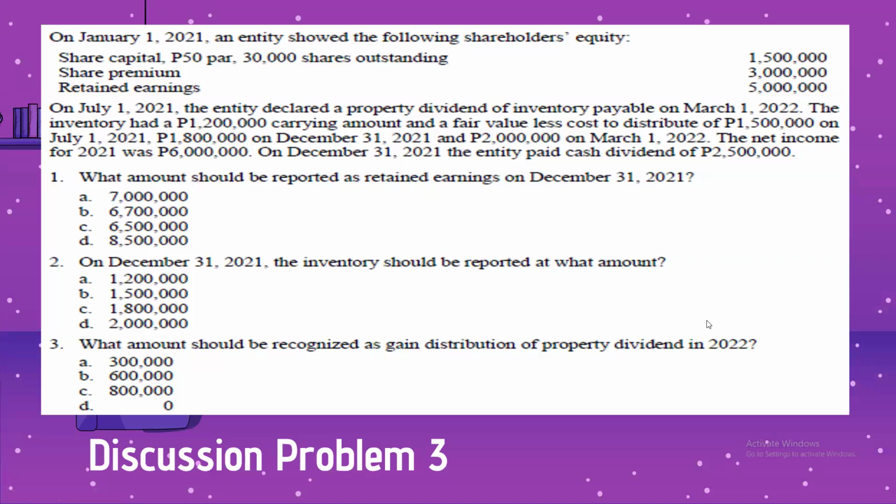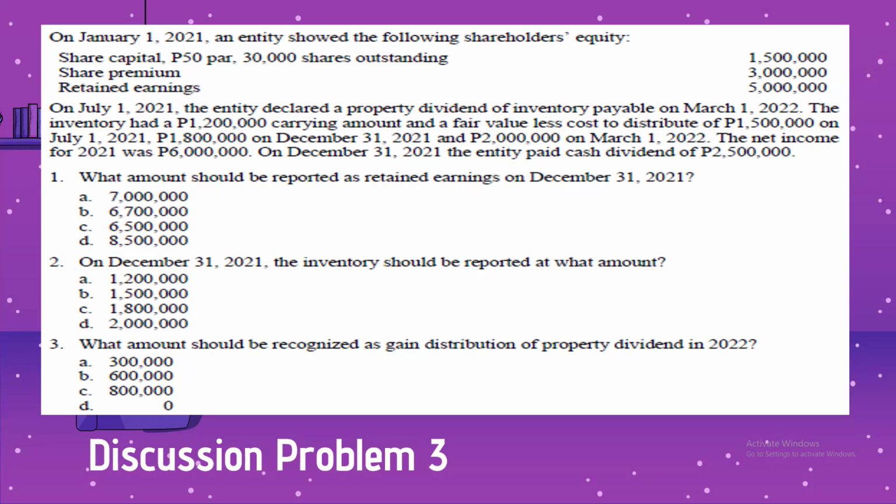On January 1, 2021, an entity showed the following shareholders' equity. Share capital, 50 par, 30,000 shares outstanding, 1,500,000. Share premium, 3 million. Retained earnings, 5 million. On July 1, 2021, the entity declared a property dividend of inventory payable on March 1, 2022.